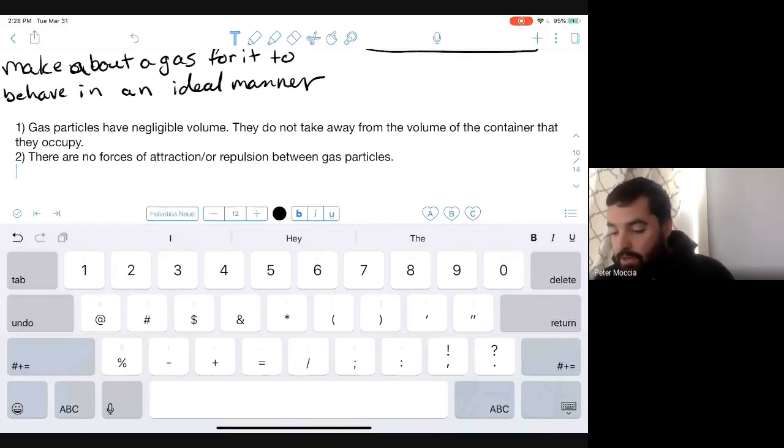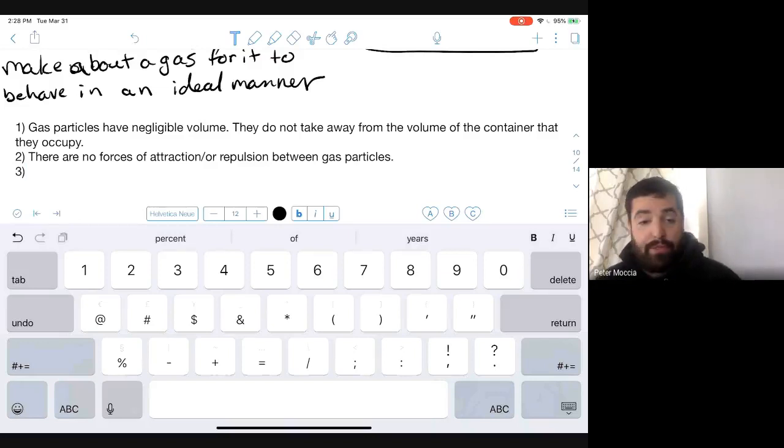So they do not affect each other's motion when they collide. But when they're not touching each other, they're not affecting each other at all.